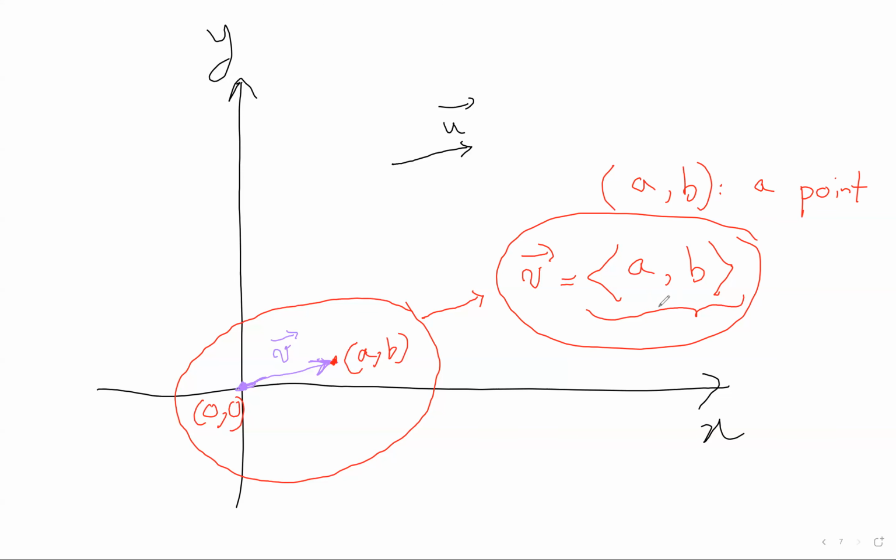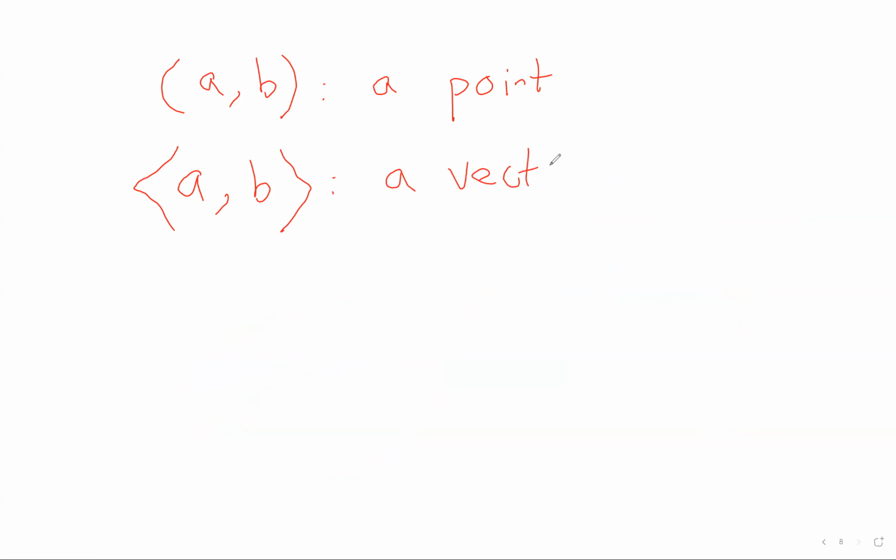So in this context, there is a difference between these two notations. Using parentheses, AB is just a point. And the notation that we just introduced is a vector. The initial point is 0, 0.